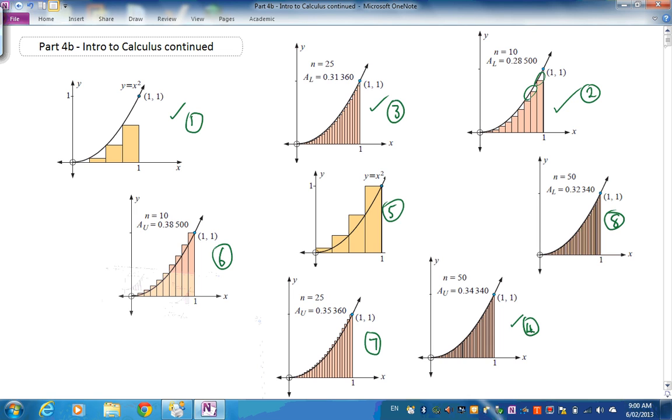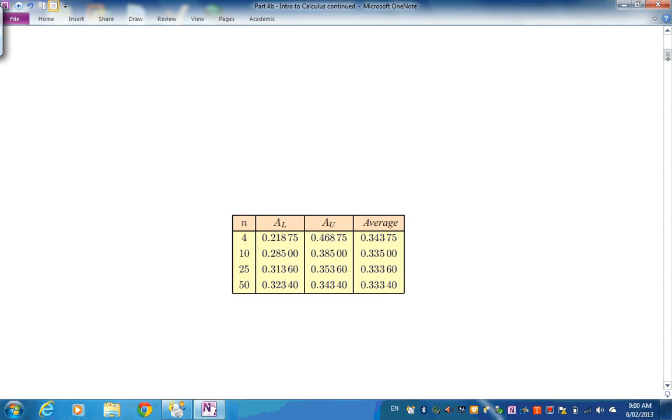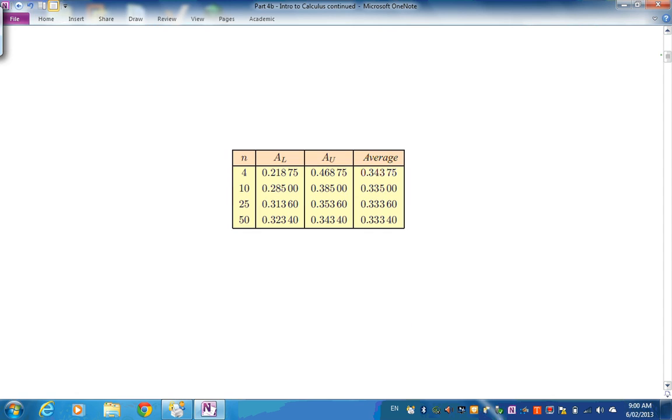Okay, well, let's come down and have a look at the numbers here. This is a summary now of the answers to those rectangles up there, if you like. When we had 4 rectangles, n was 4, lower sum, upper sum, average.